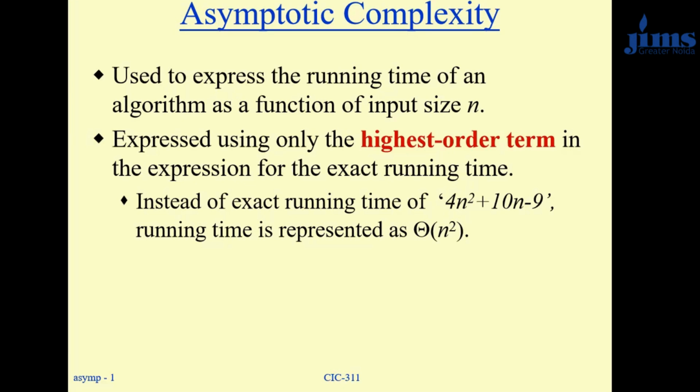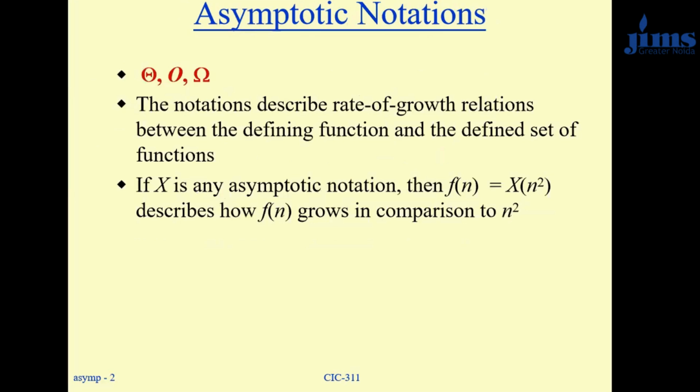So we shall get a polynomial, like 4n square plus 10n minus 9. Now, each polynomial will have a degree. In this case, the degree of the polynomial is 2. Since it is 2, the complexity will be theta n to the power 2. Now, what this theta means, we shall discuss next.